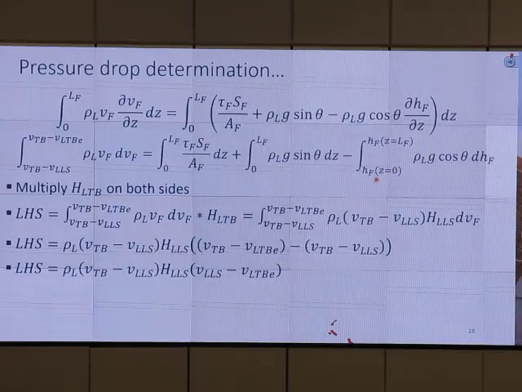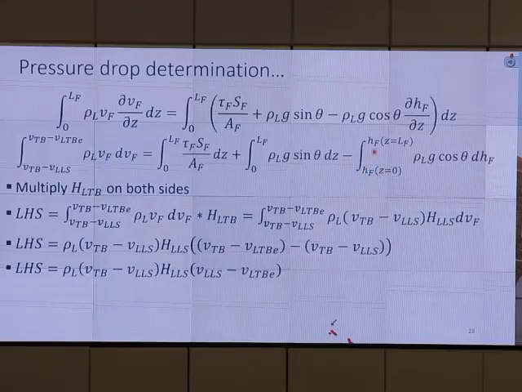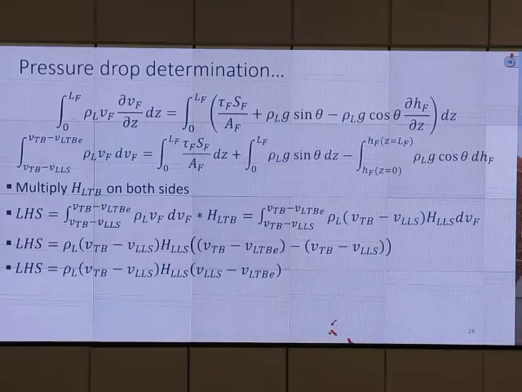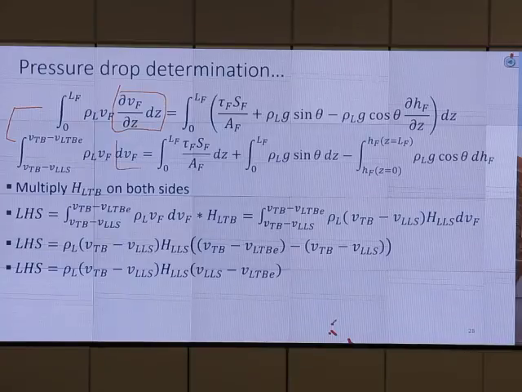Basically we integrate from 0 to LF for z. At that point, H goes from HF at z equal to 0 to HF at z equal to LF. We just change the limit of integration. From this to this term becomes that term.